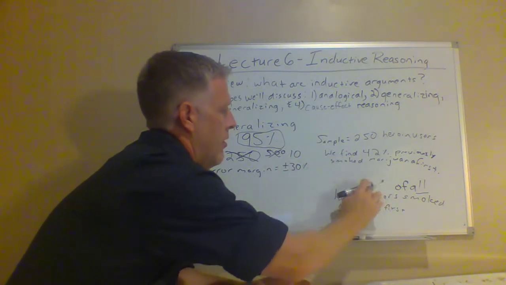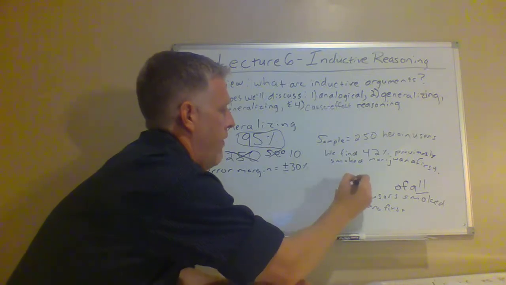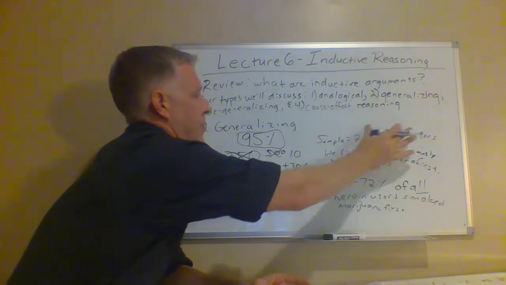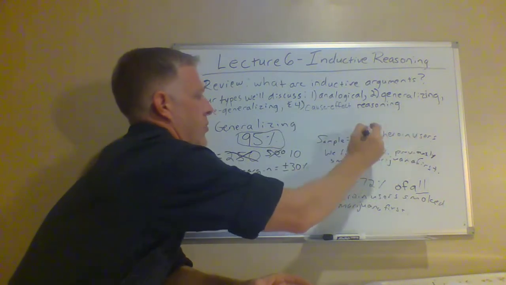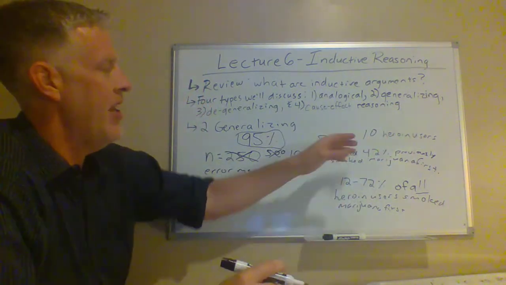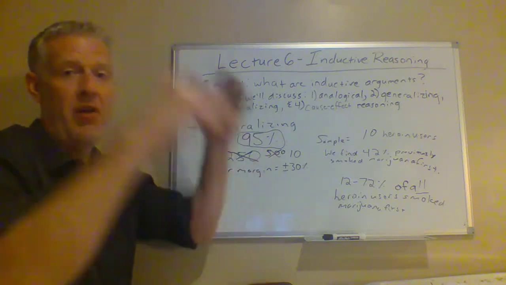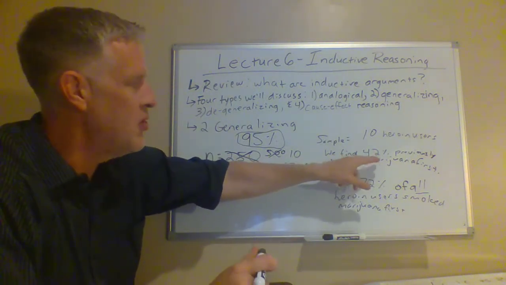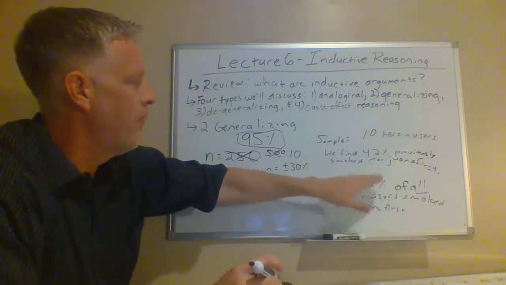So suddenly we go from 12 to 72%. If our sample becomes 10 heroin users of all heroin users, then that's not even a possible percentage, but you get the idea.